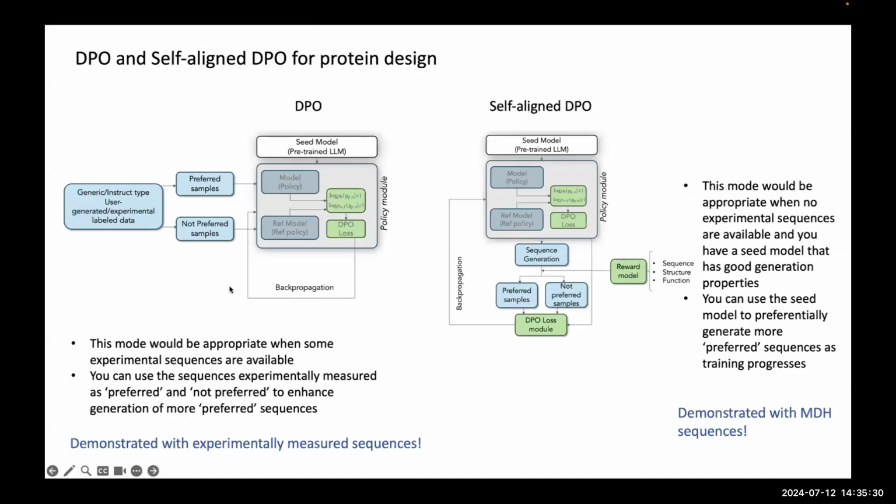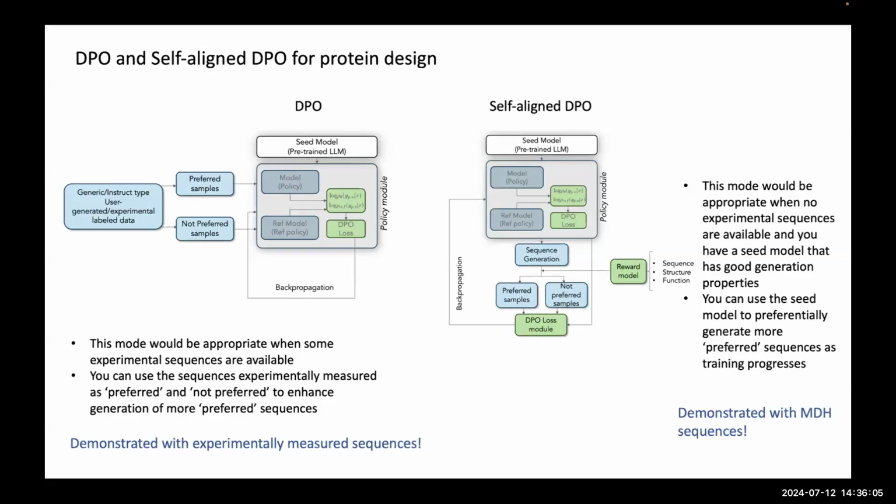So quickly, with the schematic: for our task, we start with a dataset that has labeled experimentally fit sequences and experimentally unfit sequences, which correspond to our preferred versus unpreferred samples, respectively. And like I explained with the loss, you have a model and a reference model, and they provide the log probabilities, which are the components of the loss function. Then you compute the loss, do a backprop, the model gets aligned, and so on and so forth.